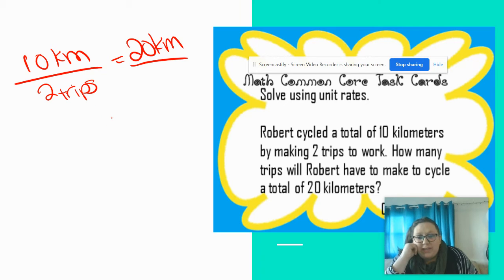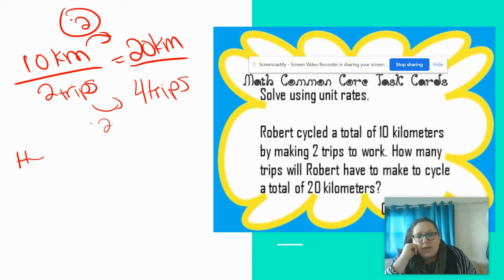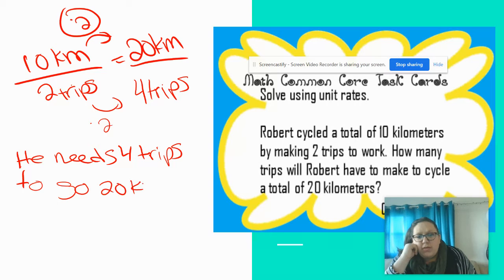In this one, we actually don't need to simplify anything because we can go from 10 to 20 by multiplying by 2. 2 trips times 2 would be 4 trips. So he needs 4 trips to go 20 kilometers. This is because to go from 10 kilometers to 20, you multiply by 2, and then 2 trips times 2 gives you 4 trips.